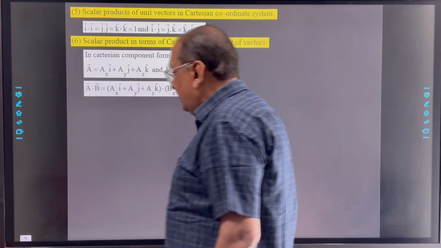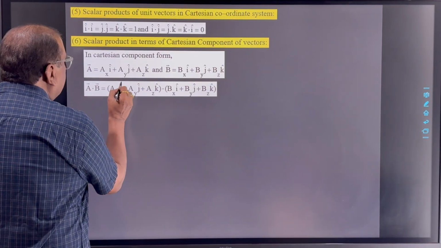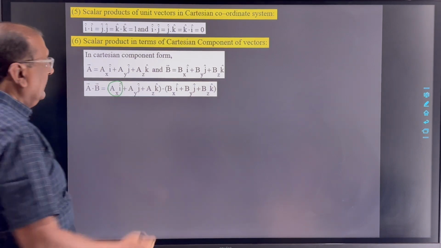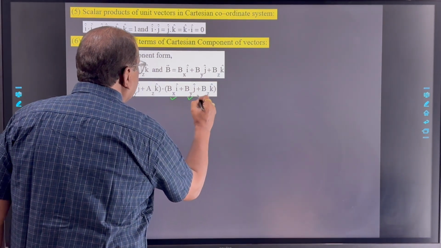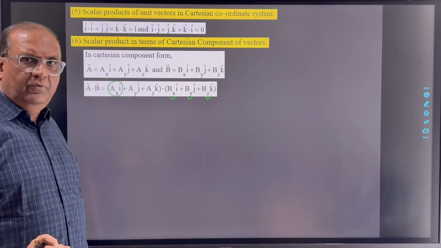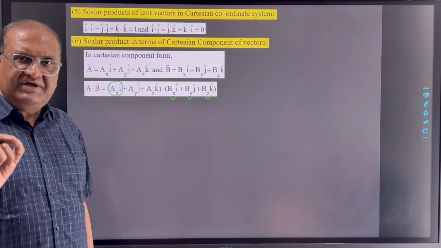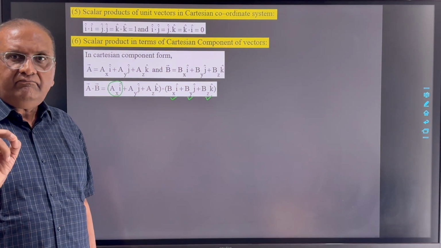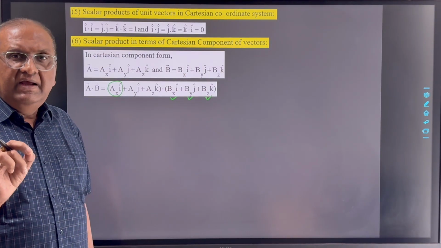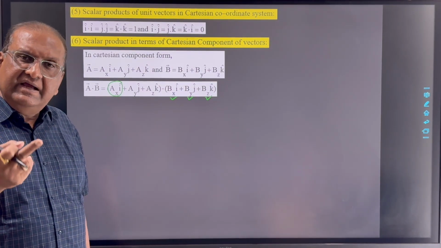Right? Now here simply we have to carry out the calculations like this. First we have to multiply AX i caret with these three components. Okay. But be careful, this particular dot symbol will be placed between vectors only, because the dot product is defined for vectors only. It is not defined for scalars or for a scalar and a vector.